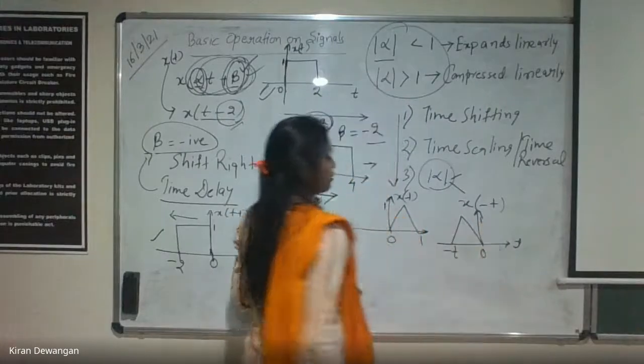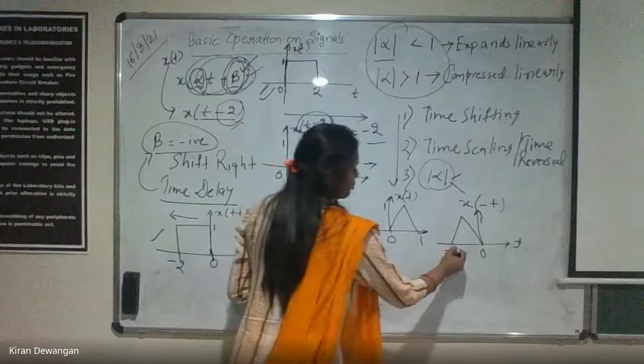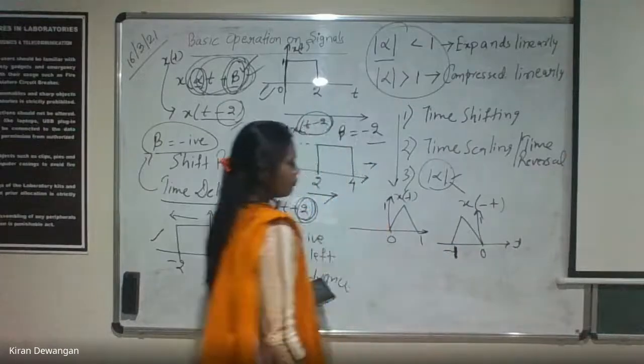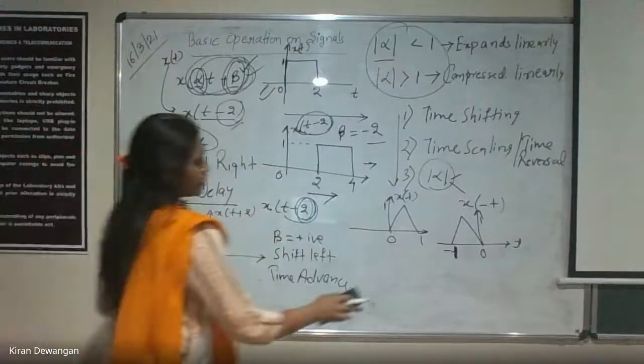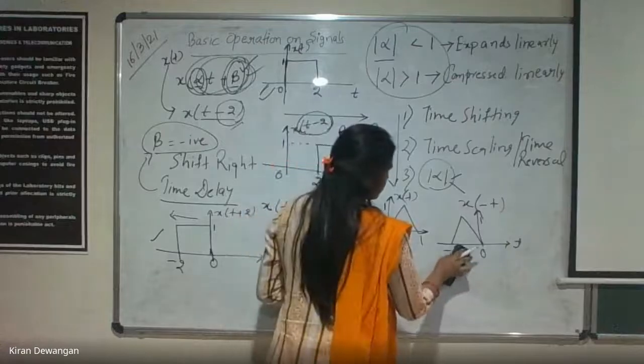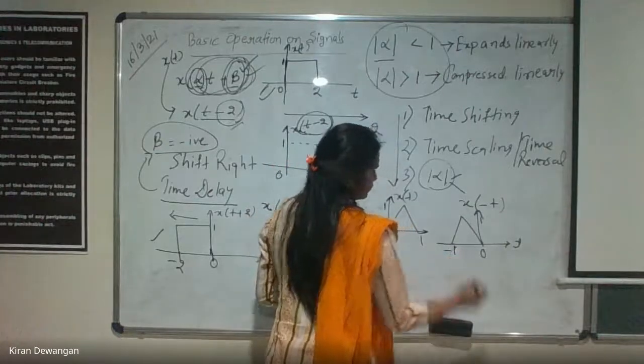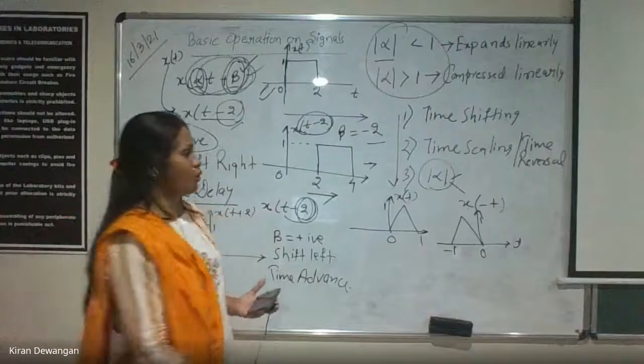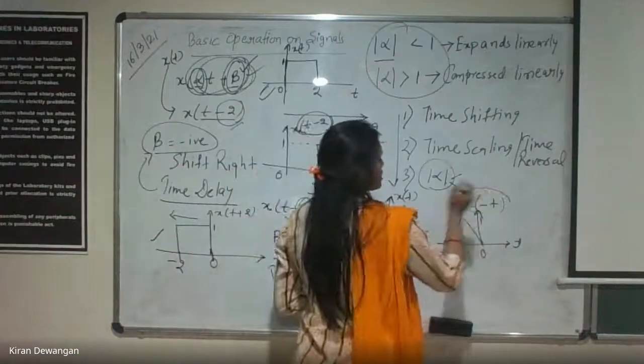This value will still be 1. So this is from 0 to minus 1. Clear now? This is how we perform time reversal.